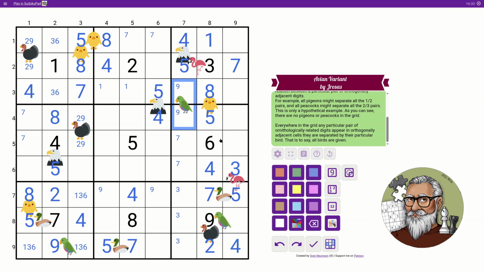It's not 3, so this isn't 3. It's 1 or 6. This one isn't 1. This one isn't 6. This one isn't 1. And that one isn't 6.